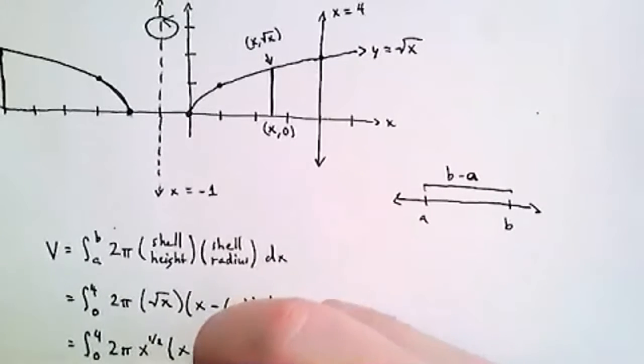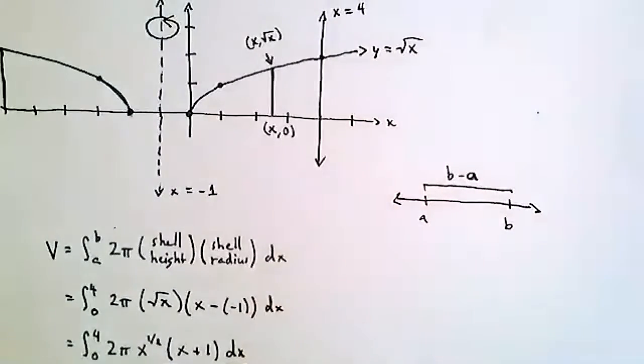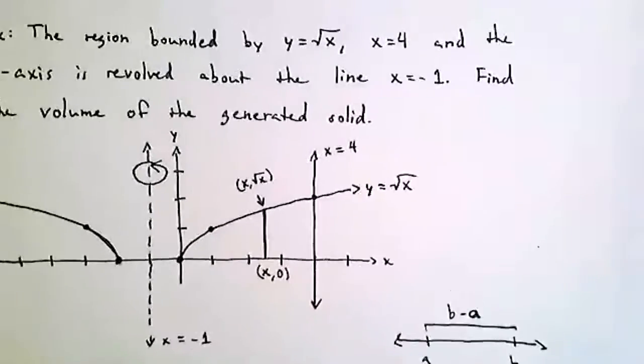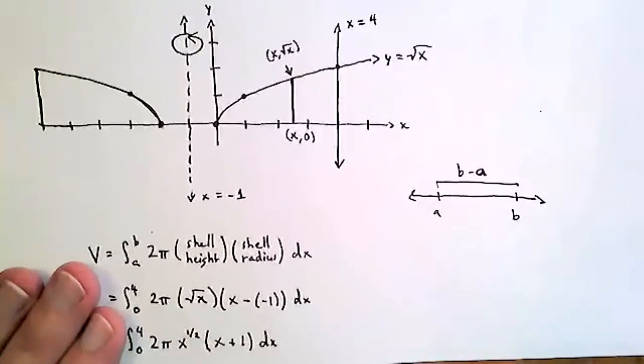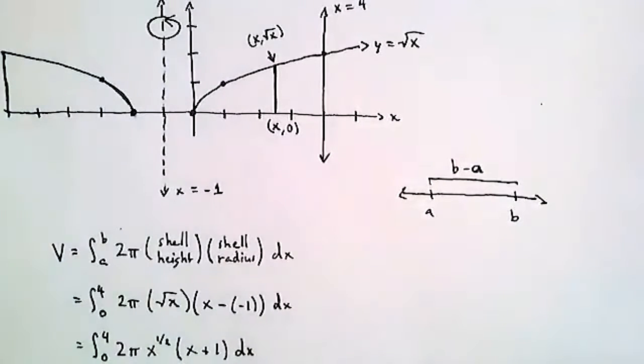And this becomes x plus 1. And now I need to move to a new page. But I'll leave that there for a second in case any of you are writing.